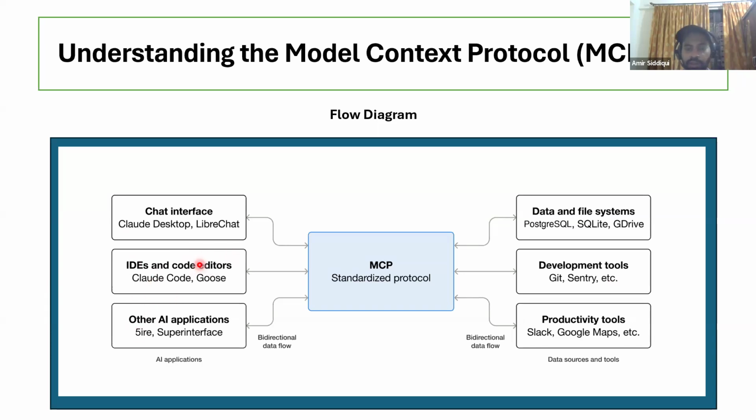These are just examples. They are not limited to these applications only, there can be many applications. So you have this Superinterface and other applications as well. And this is a bidirectional data flow. That means the data will flow in both directions. So this is an overview of how the data flows in an MCP server.